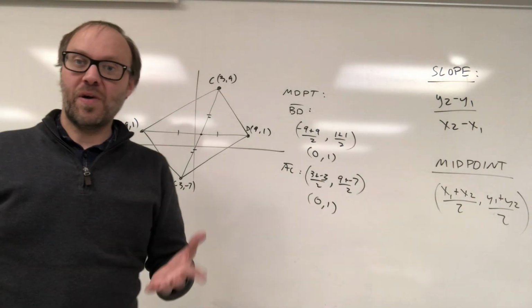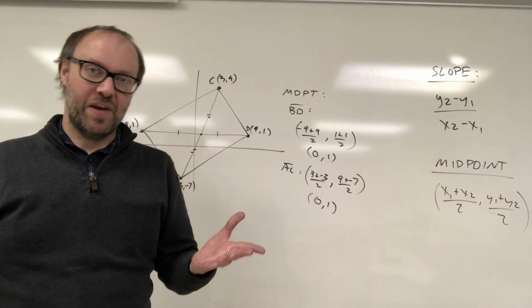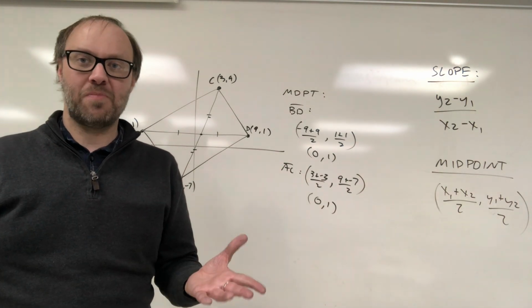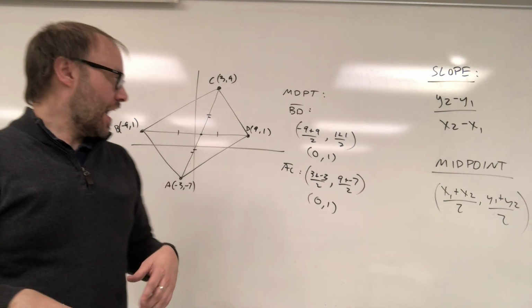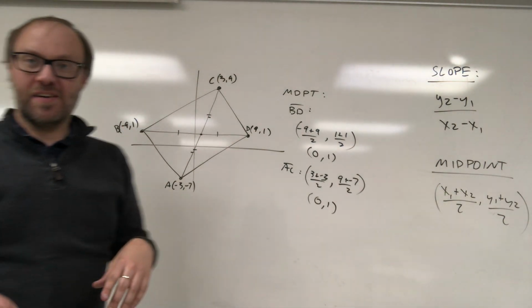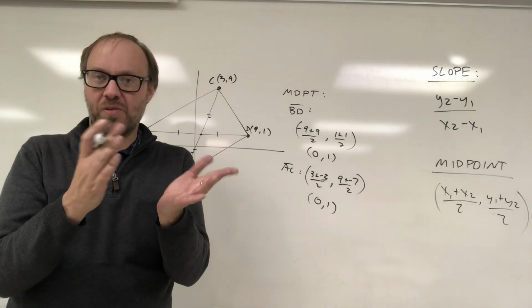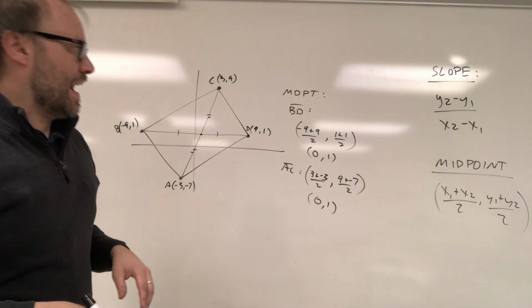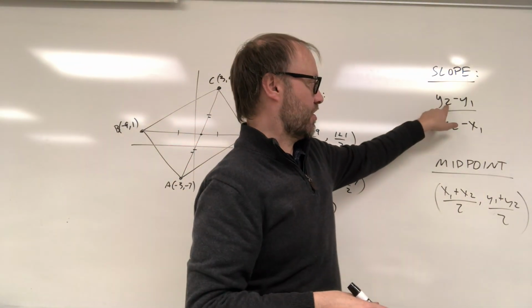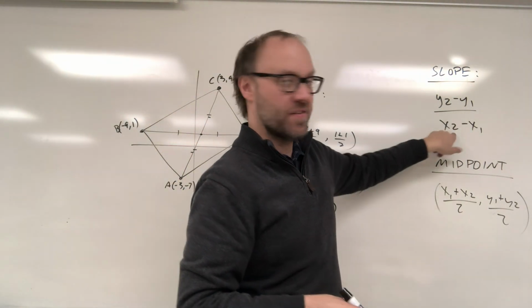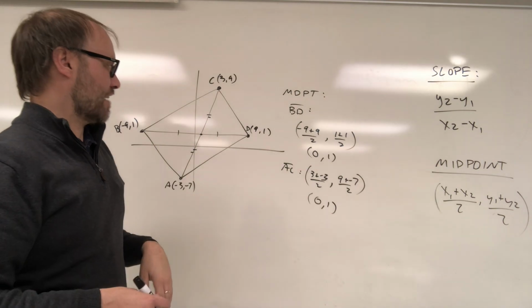Now, is that the only way to tell if it's a parallelogram? No, you've got other options. For example, you could find the slopes of the sides, because for shapes with parallel sides, the opposite sides would have the same slope. So you could use the slope formula: change in y, y2 minus y1, over the change in x, x2 minus x1.